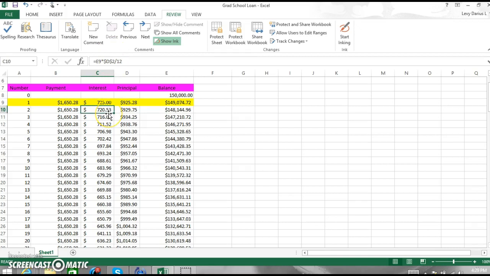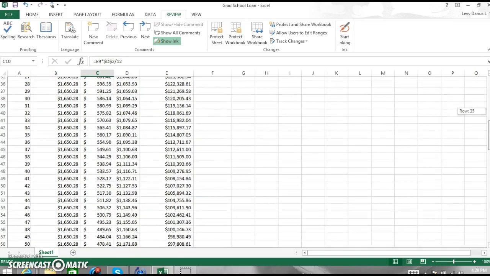As you keep going down, it'll be the same formulas, just different numbers, like E10, E11, E12. It's just different numbers because the numbers are changing every time it goes down.